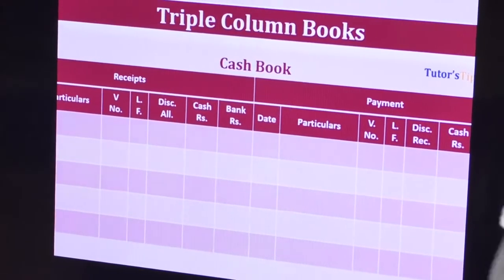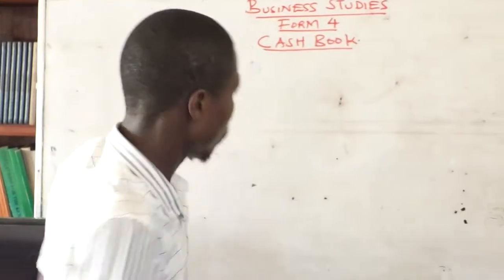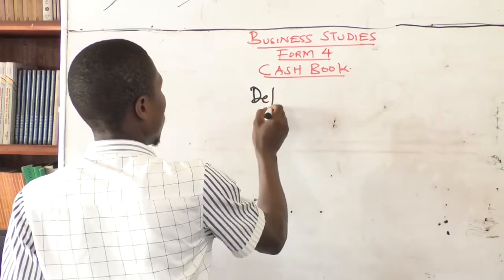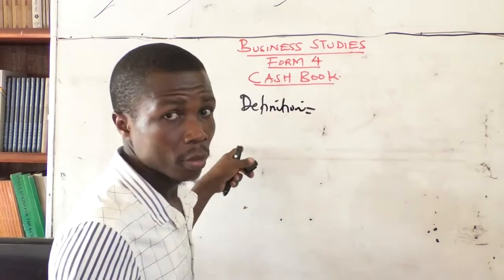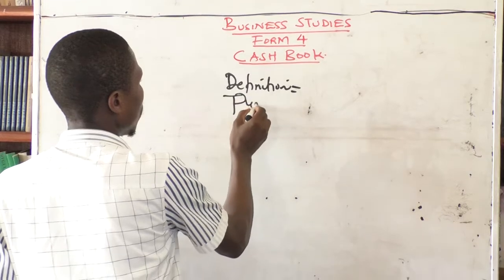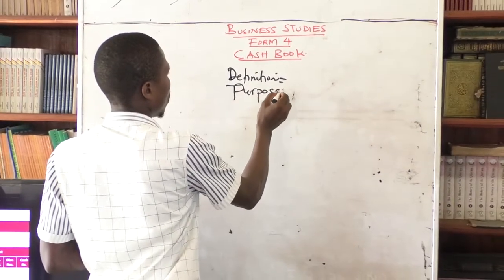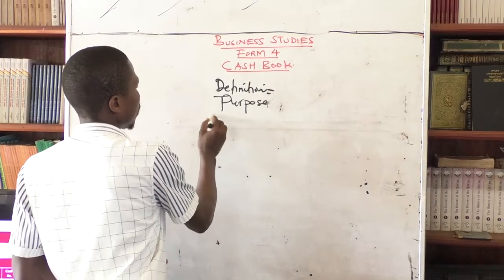We have talked about what cash book is, then the purpose, and after that, types.